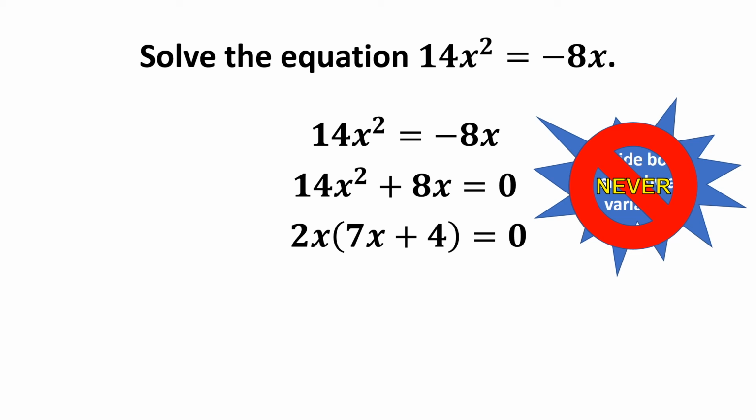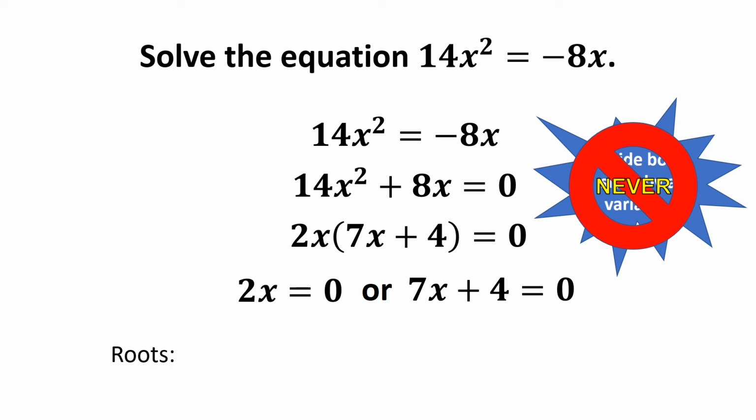This will result to 2x is equal to 0 or 7x plus 4 is equal to 0. The roots of 14x squared is equal to negative 8x are x is equal to 0 or x is equal to negative 4/7.